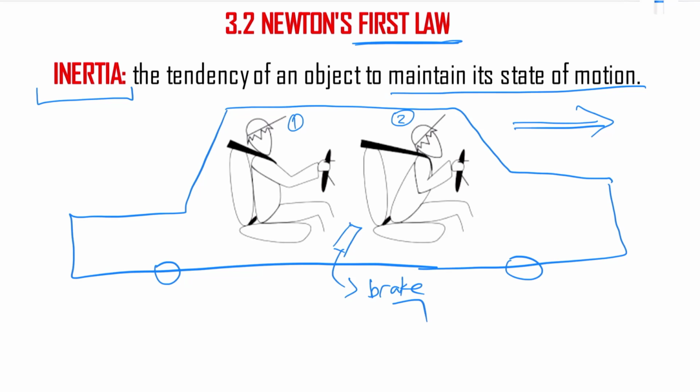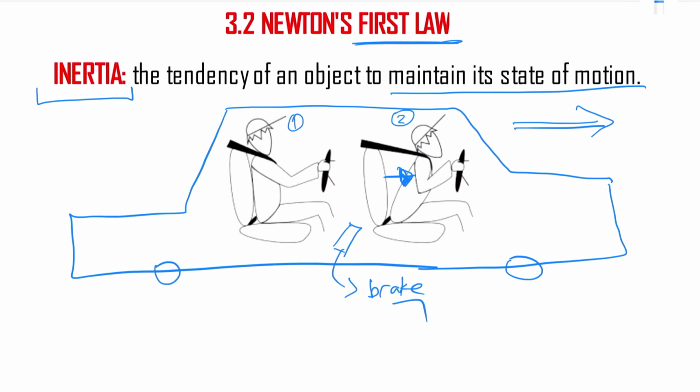In the case of the brake, we always observe our body move forward. What is the meaning of forward? The direction of the movement of the car. So here, as you see in the second picture, the body of the guy is moving forward towards the direction of the movement of the car.